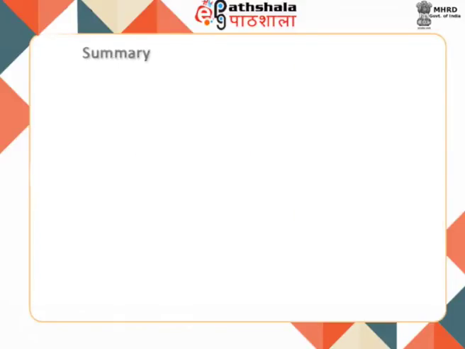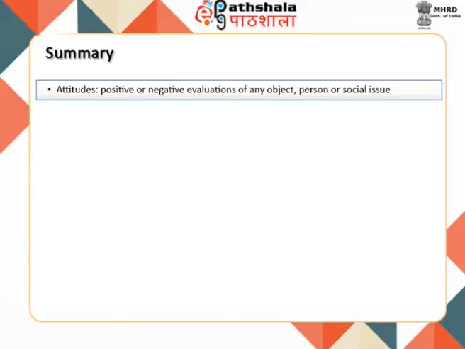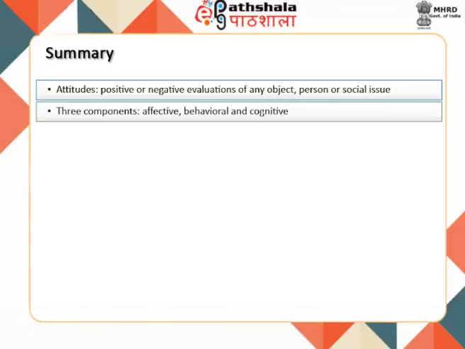Let us now summarize what we have learnt in this module. Attitudes are positive or negative evaluations of any object, person, social issue, or matter. According to the tripartite model, attitudes are composed of three components: an affective component, a behavioral component, and a cognitive component.